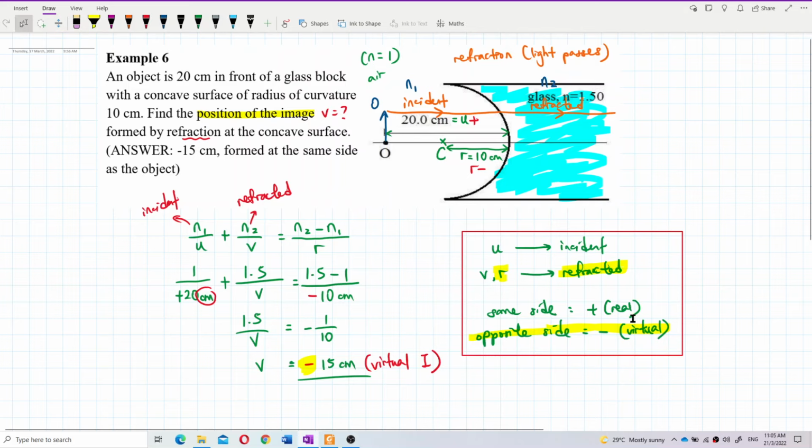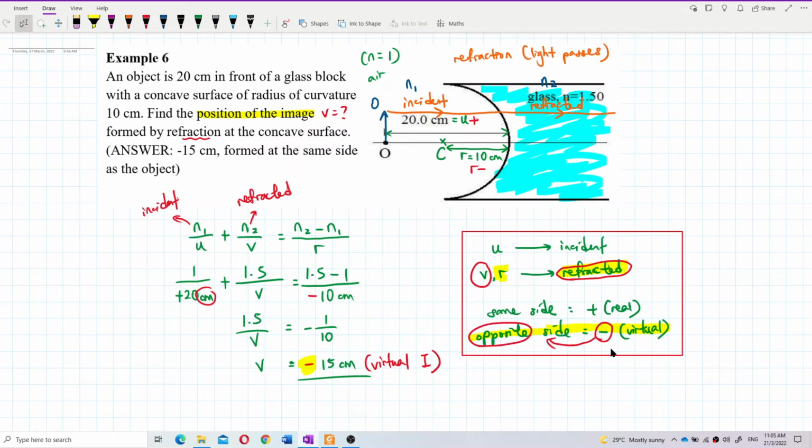V compared with refracted ray. V negative means formed at the opposite side.